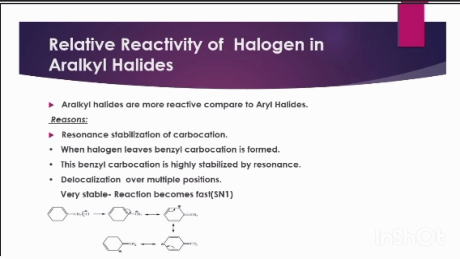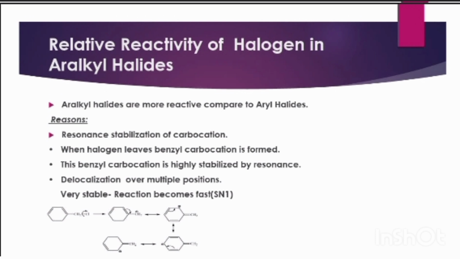Now we discuss relative reactivity of halogen in benzyl halides. Benzyl halides are more reactive compared to aryl halides because of resonance stabilization of carbocation. When halogen leaves, benzyl carbocation is formed. This benzyl carbocation is highly stabilized by resonance, delocalization over multiple positions.